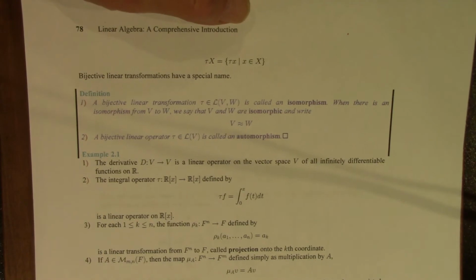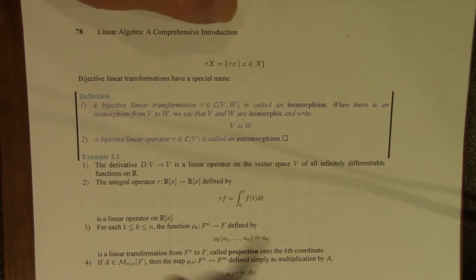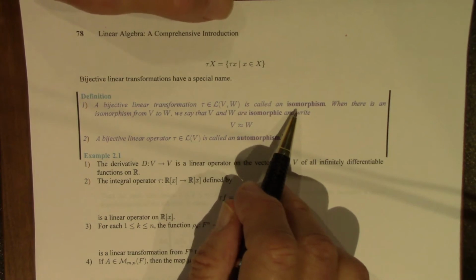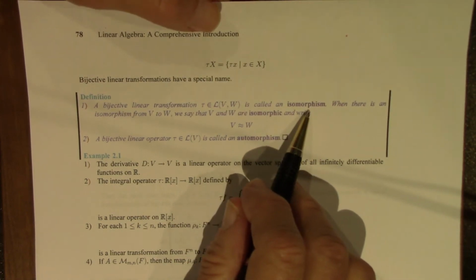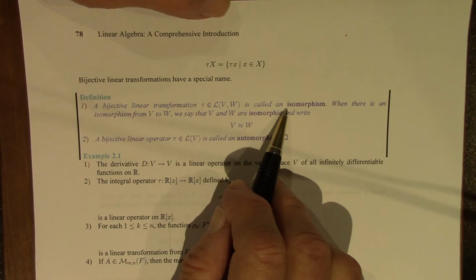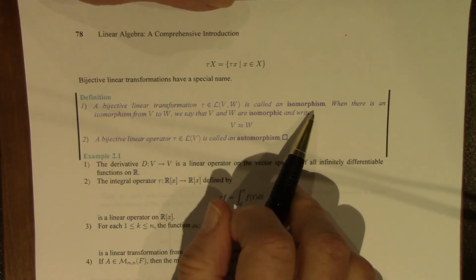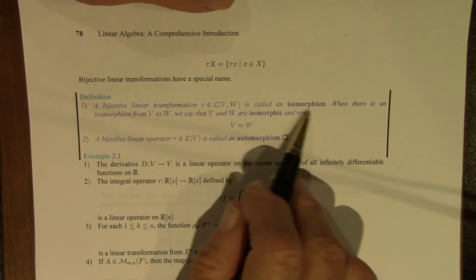Bijective linear transformations have a special name. They are called isomorphisms. This is from the Greek, iso meaning same, morph or morphism is form, so same form.